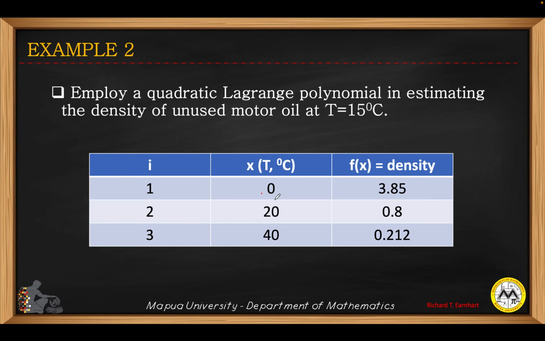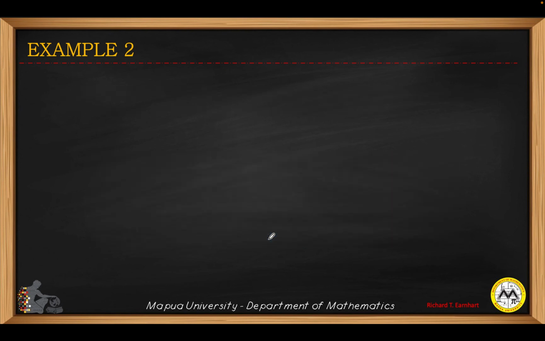Now we want to estimate the density of the oil when x, or the temperature, is 15 degrees centigrade. So 15 degrees centigrade is not given in this data. So we will interpolate using the quadratic Lagrange polynomial.